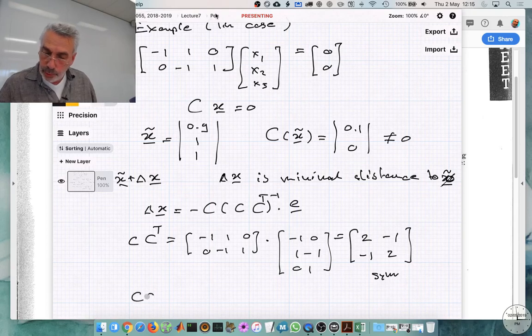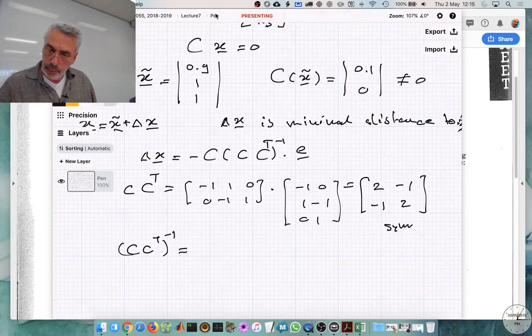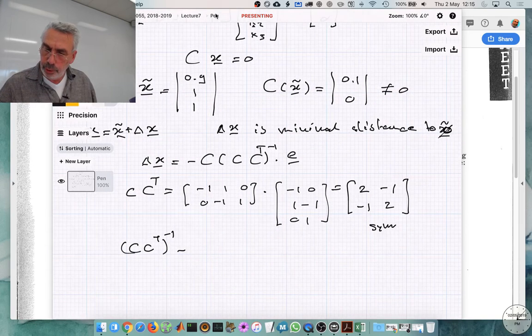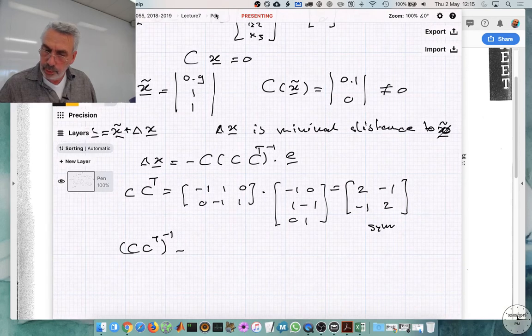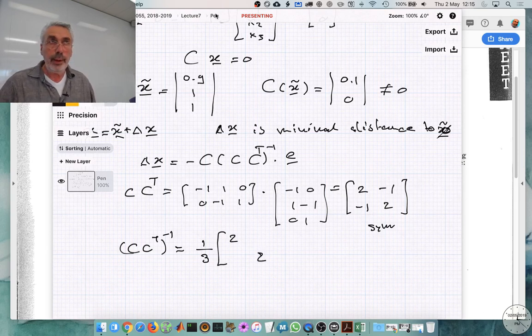So then the inverse of this is, oops, I learned a rule with the determinant. So 1 over the determinant of the thing, that is 2 times 2 is 4, minus 1 is 3, right? 1 over 3. And then again 2, 2. And then, is it plus 1 or minus 1?